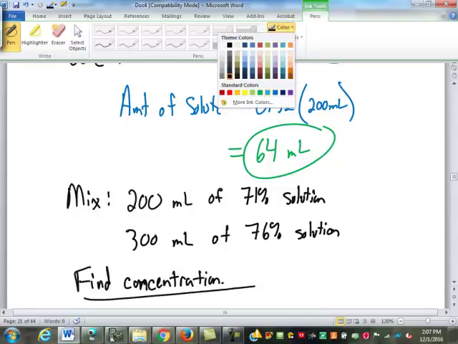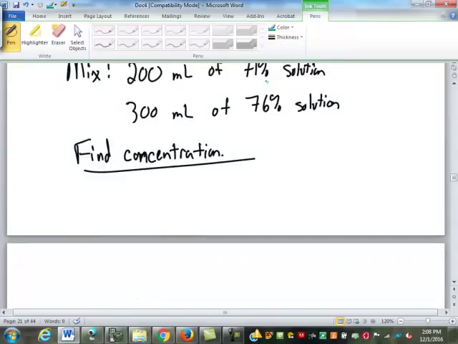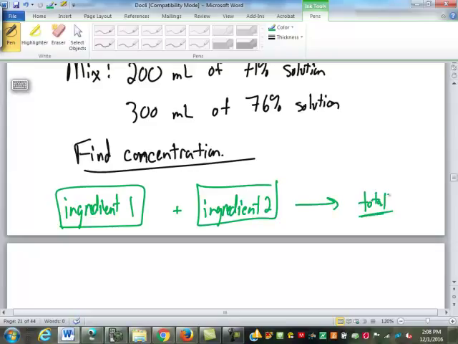Well, what we have here is we're combining two ingredients. So we are combining ingredient 1 plus ingredient 2 to get a third ingredient, or a total. That is not an ingredient, it's a total result.